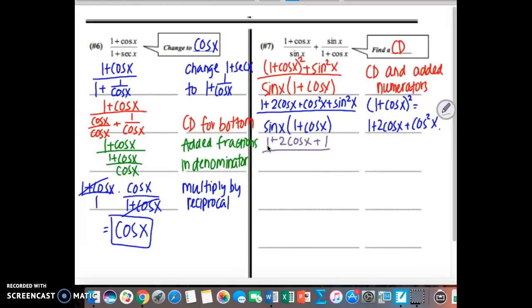And our denominator will still be the same, sine of x times 1 plus cosine of x. And all we did here was use the Pythagorean identity. That allowed us to take cosine squared of x plus sine squared of x and replace that value with 1.